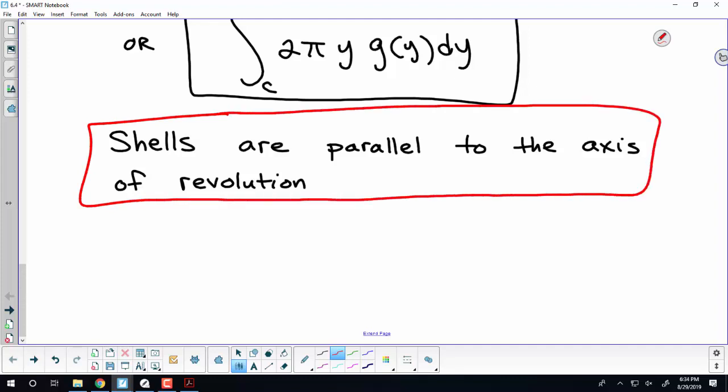Unlike with our discs and washers, where the discs and washers were perpendicular to the axis of revolution. That's how I always remembered it: shell, parallel. So shells are parallel to the axis of revolution.